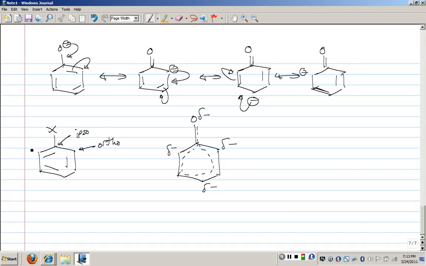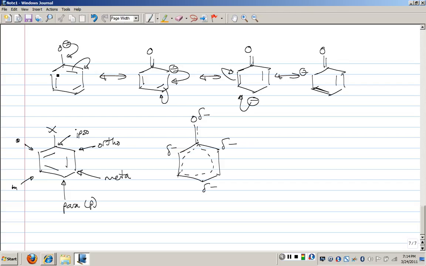This is also then ortho, or O. The carbon 2 positions away is called the meta carbon, or the M carbon. The carbon 4 positions away is called the para carbon, or the P carbon. So ipso, ortho, meta, para. So 2 orthos, 2 metas, 1 para, 1 ipso.